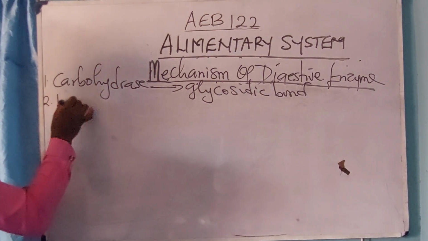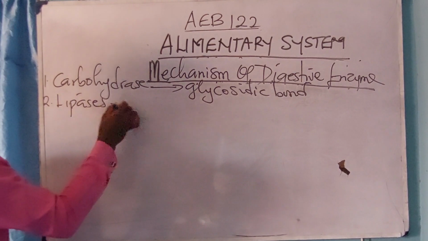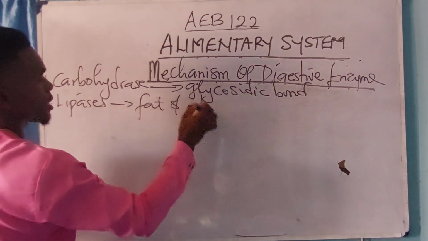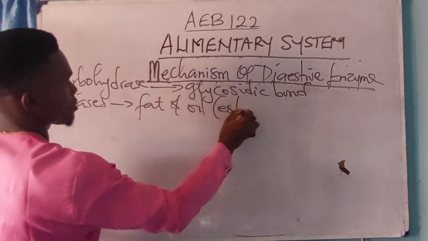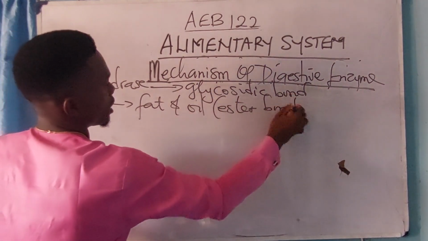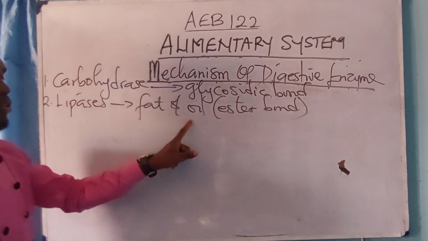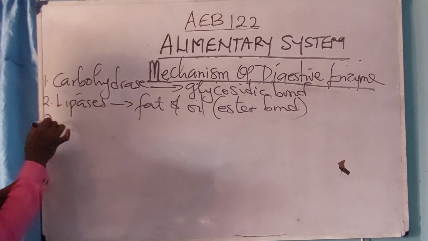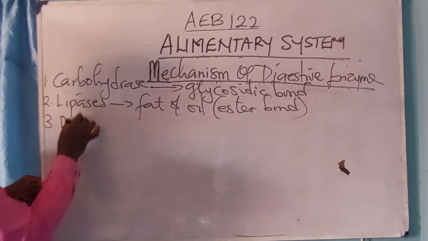We have the lipases. Lipases are fat and oil digestive enzymes. They act on ester bonds. You know the end product of fat and oil is fatty acid and glycerol. And number three, the proteases.